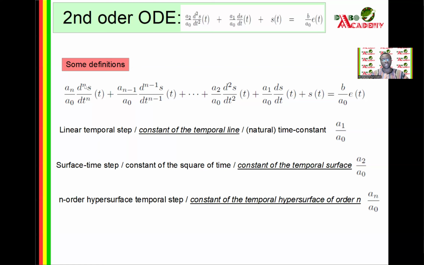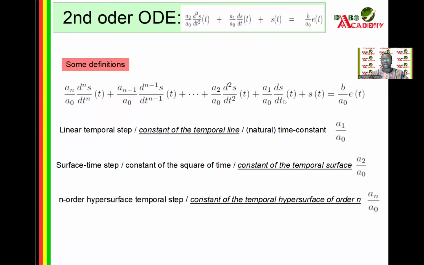When the order is n, so it is greater than 3, because we could consider order 3 here, and for that we would be talking about the constant of the temporal volume, not temporal surface, because for A3 divided by A0, we would have seconds to the power 3, so cubic seconds, okay? So now, a constant of the temporal hypersurface of order n is here, right?